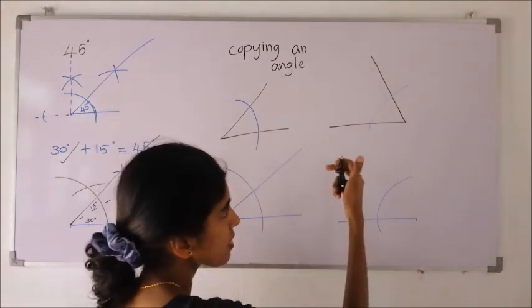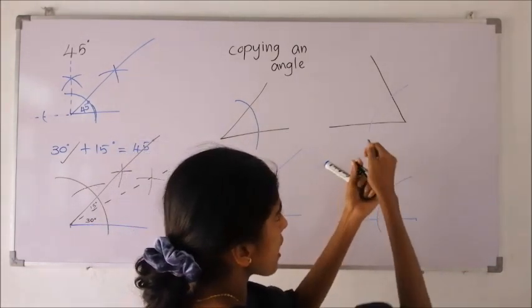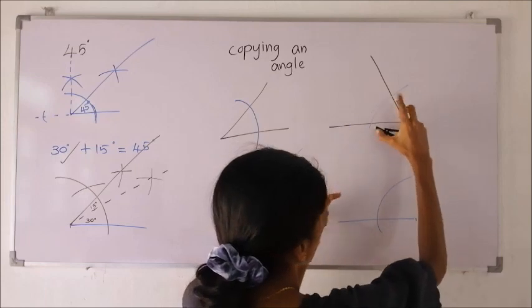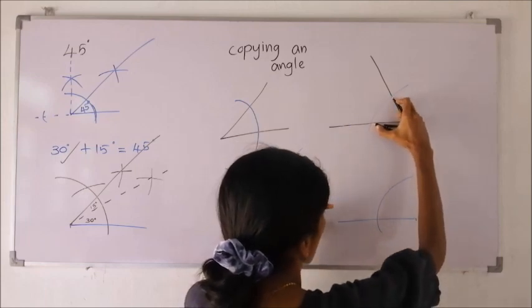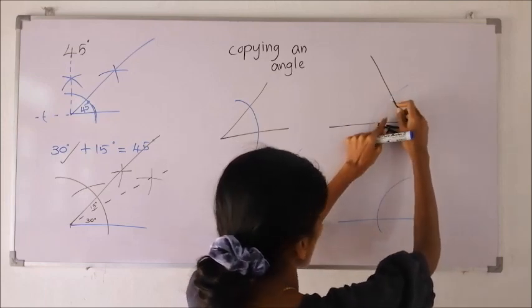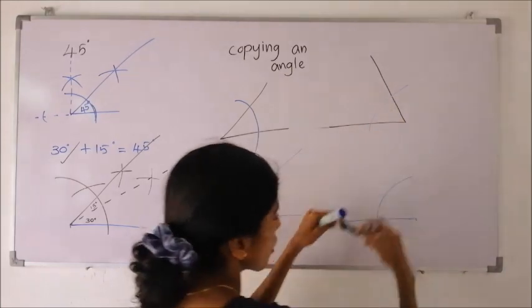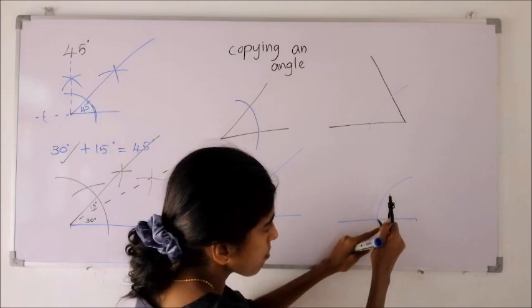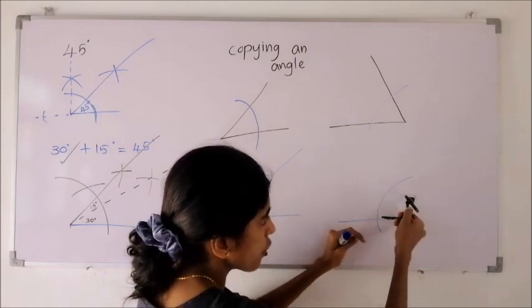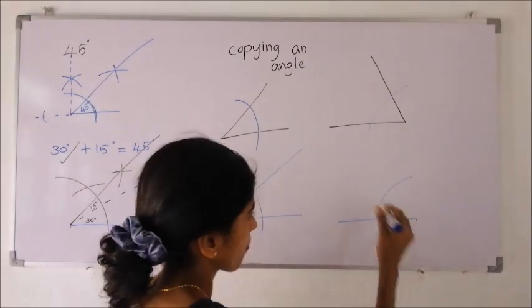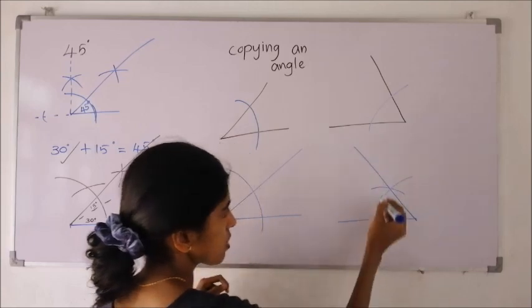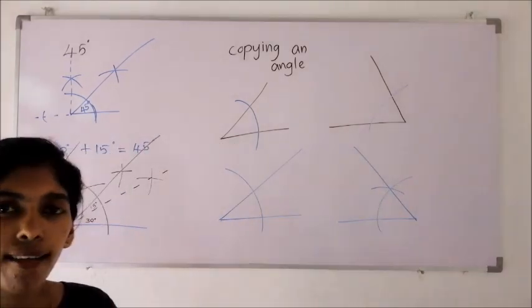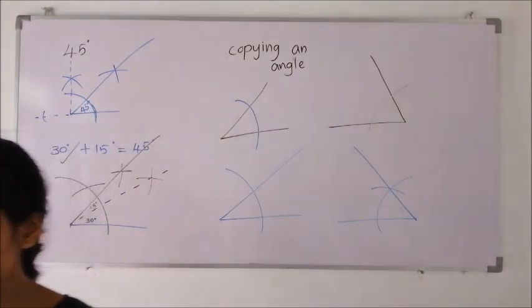By adjusting these two, the metal point and the pencil point, we can get the size of this angle. You can adjust it, okay? Right, after that, go to this place. We know that this is a newly formed point. Keep the metal point of the compass there. Draw an arc segment. Now when you join these two, we get the same angle. This is how we copy angles.